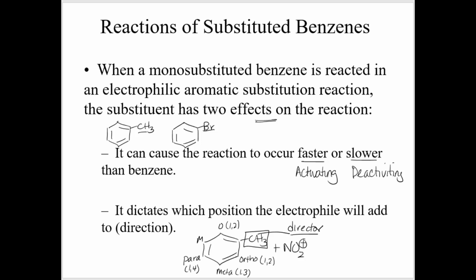Okay? So these two things are the effect that a group that's attached to the ring, the substituent, plays. And what we're going to do is we're going to deal with the idea of activating versus deactivating first. And then we'll talk about the reasons why those groups direct to different positions.